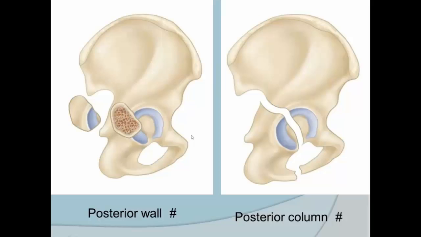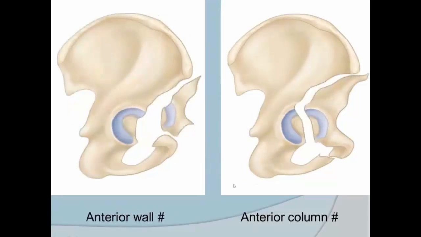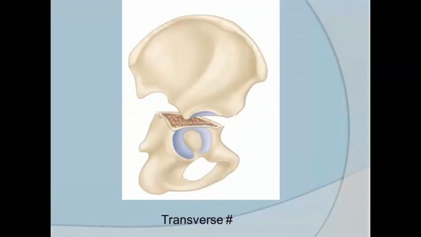If it involves the sciatic notch, going all the way through the acetabulum, then it's a posterior column. This is the differentiation between the posterior wall and the posterior column. Again, if it's involving the ilium extending up to the acetabulum, but not going through the posterior compartment, then it's an anterior wall. If it's involving all 3 structures, it's an anterior column. If it's going through the acetabulum, it's a transverse fracture.